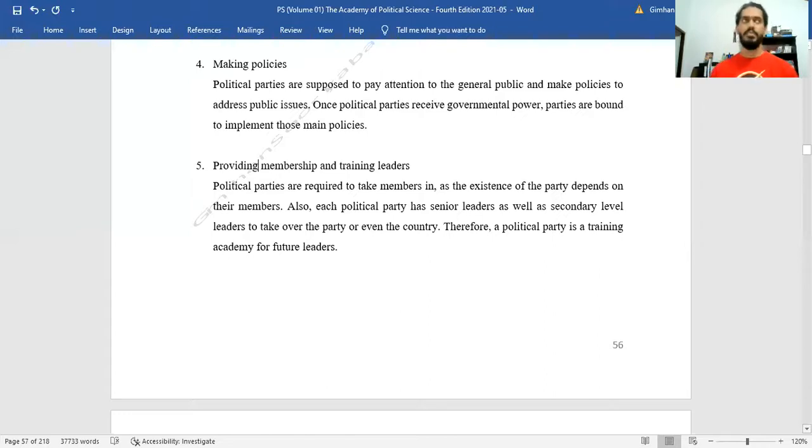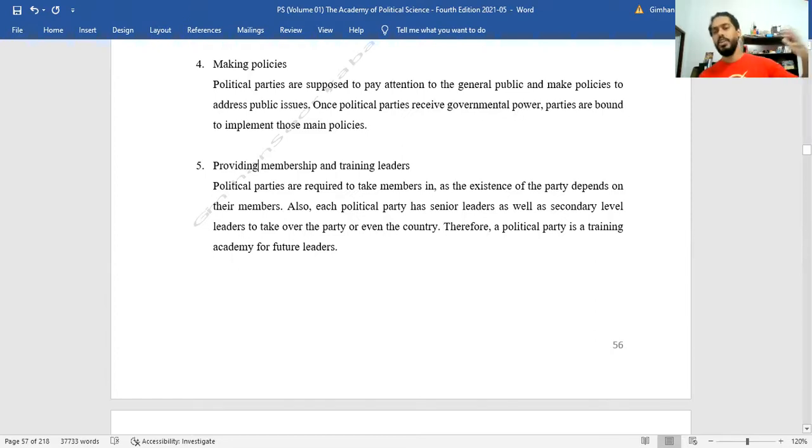Normally in political parties, with some exceptions, the more members the better. That's a normal policy. If you have more people running the political party, then you have more layers, you can reach more people. And you need to provide membership, and you need to train leaders.